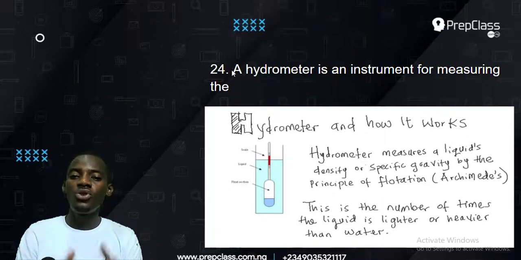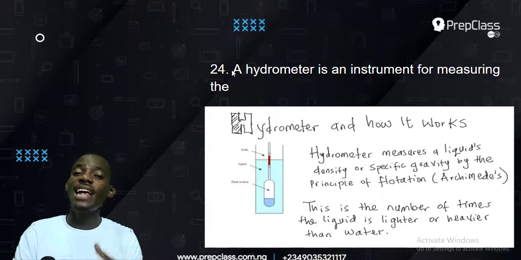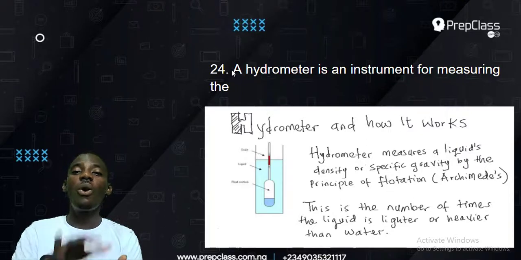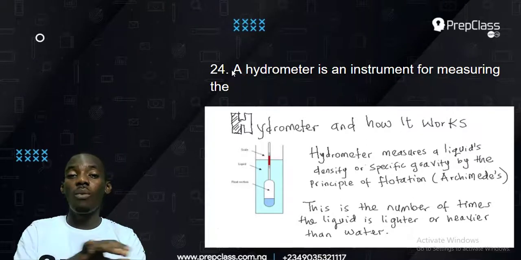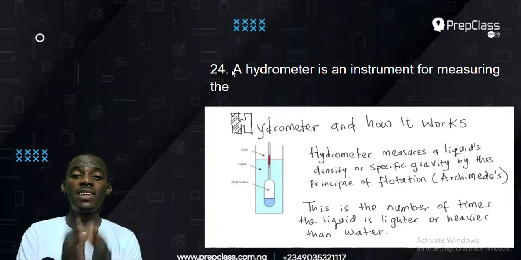Of course, relative density means the number of times the liquid is lighter or heavier than pure water. That's the meaning of relative density.